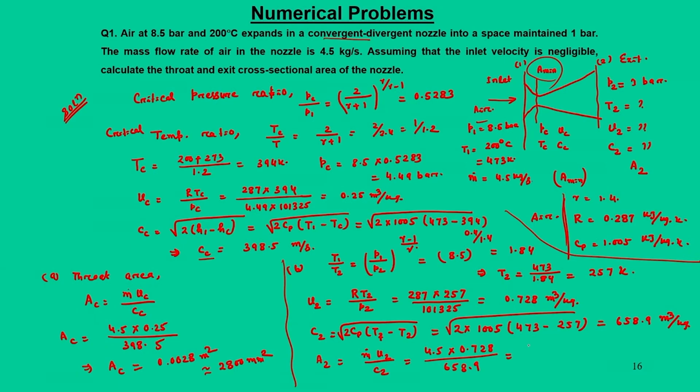This is 0.00497 meter square or approximately 4970 millimeter square. So, this gives our answer: the throat area of the nozzle is 2800 millimeter square and the exit area of the nozzle is 4970 millimeter square.